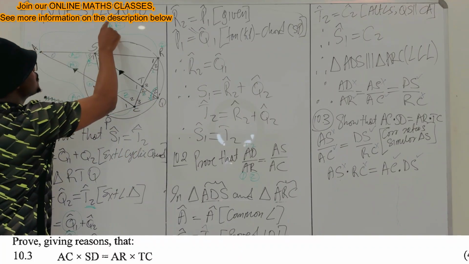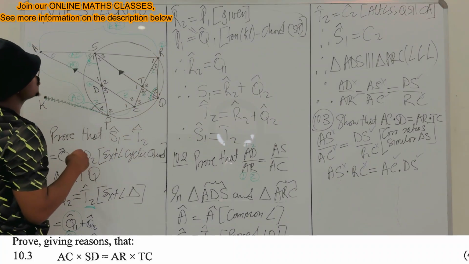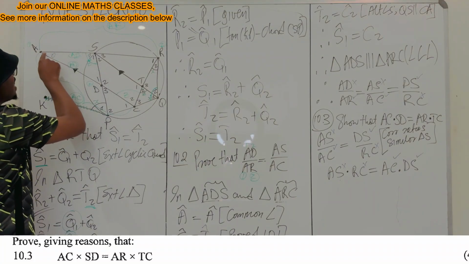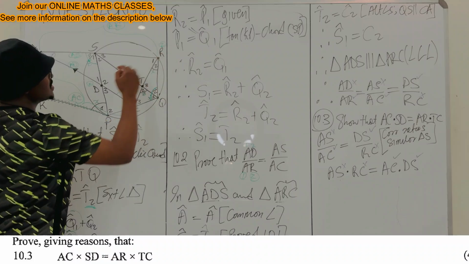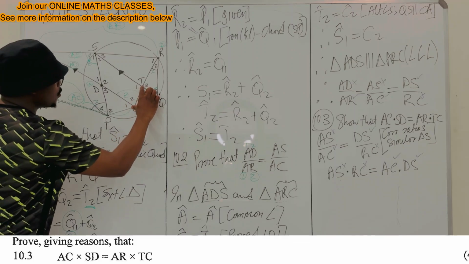And we want to have a big part which will correspond to the big part here. So if we say maybe your small part AS over the big part AR is equal to TC over the big part RC, right?